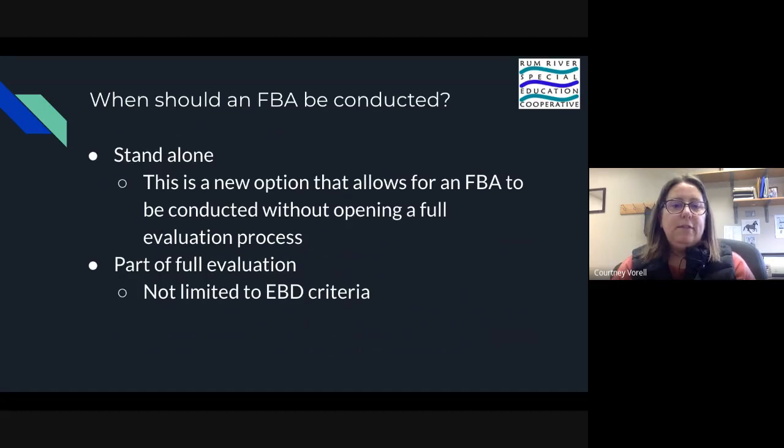Basically, you're writing up an eval plan with just that assessment on it, getting signature, and then proceeding with the evaluation piece. It might also be part of an evaluation that you're already doing. So it could be an annual, an initial, and maybe you're opening this evaluation because there's been changes.